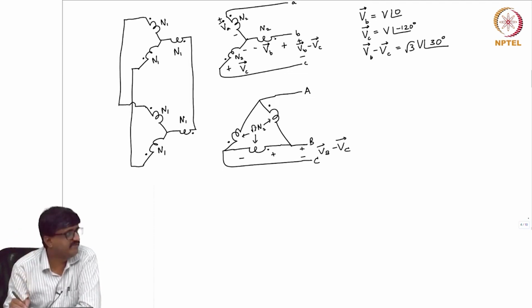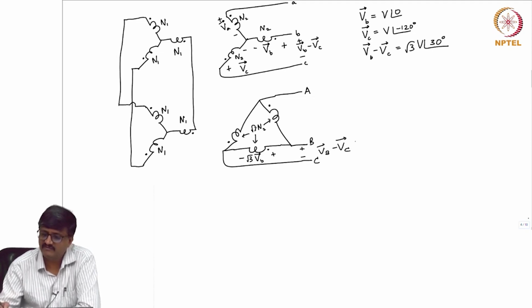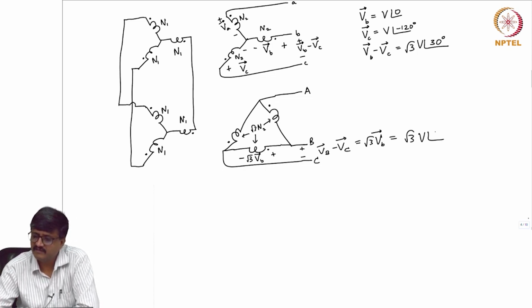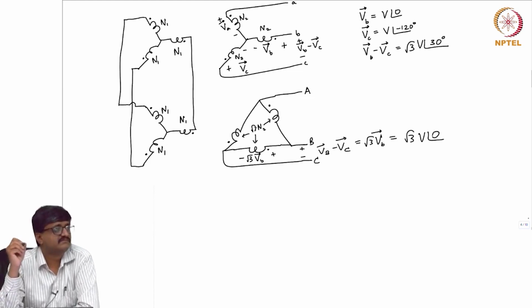Root 3 VB. And what is VB? V at an angle 0. So, that answers the question of which one is lagging and which one is leading.